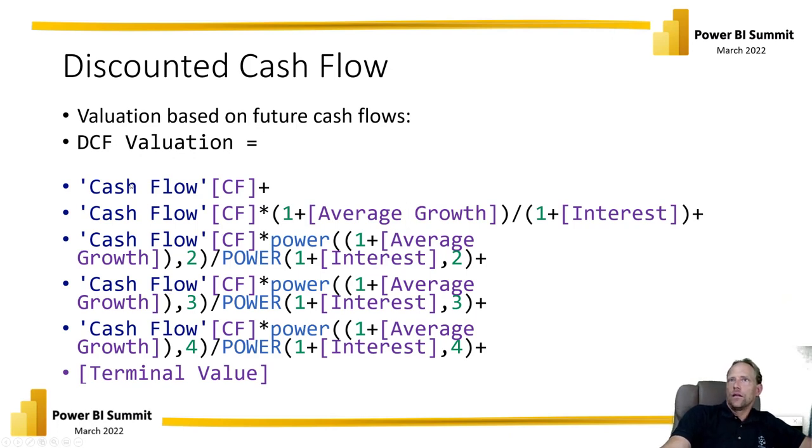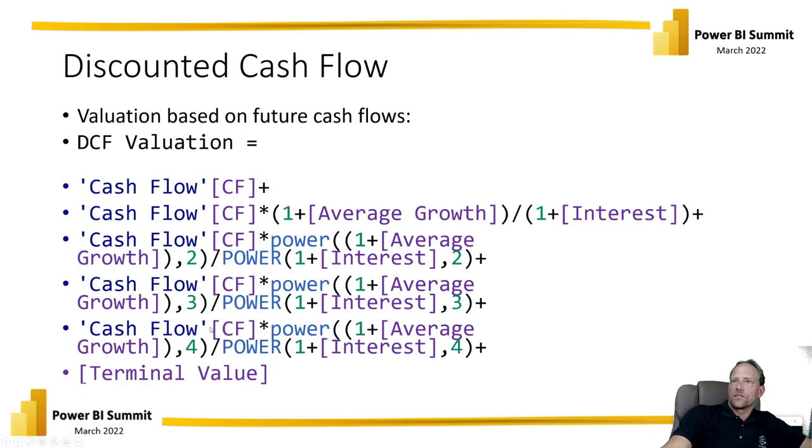So I'm taking first year cash flow, then next year's cash flow, where I'm using a growth rate: the average growth over the prior 3 periods. I multiply this in to take into account that this company is growing, so I apply a growth factor to the cash flows, and then divide by the discount rate. I'm doing this for 4 years.